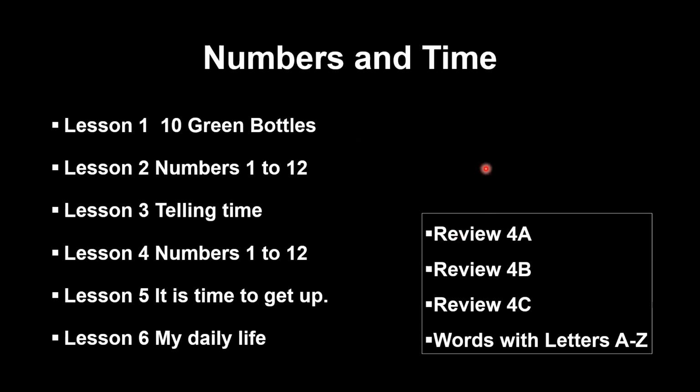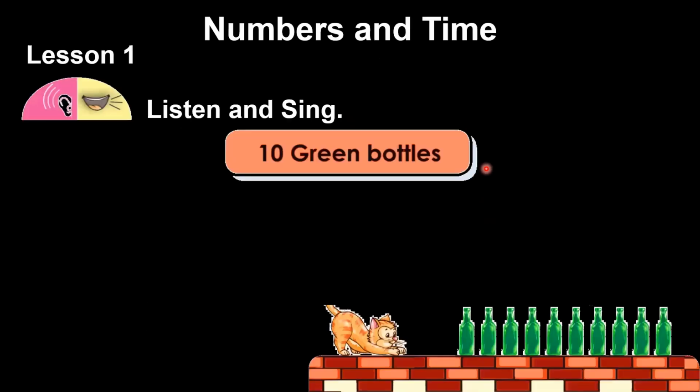Okay, so let's get started. Lesson 1, 10 green bottles. Let's look at this picture below. What do you see in the picture? Do you see a cat? The cat? Very good. And do you see bottles? Perfect. Bottles. Very good. They are green.